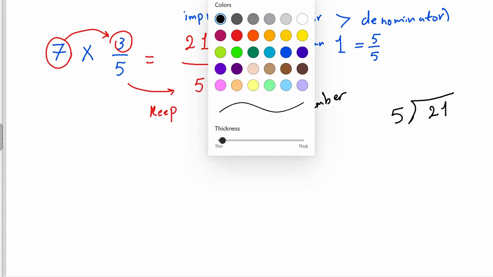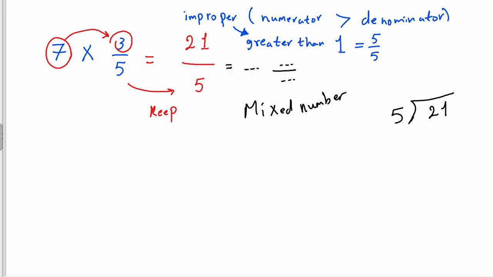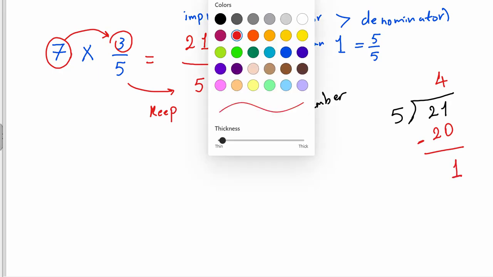Okay, let's do this division. We start by what number times 5 equals 21 or less. So we know that 4 times 5 equals 20. If we subtract here, we will get the remainder 1. Okay, names again.